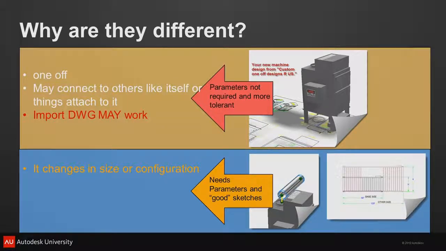And basically what ends up happening is that DWG or DXF file becomes a sketch, or the base sketch inside of Inventor. And we can reuse that. This may work probably for the one-offs. It won't work very well, though, when you start getting into these others, which are the changeables. Copy and paste and Overlay are the way we're going to do this. And so if you're to have one takeaway today, that'd be it.